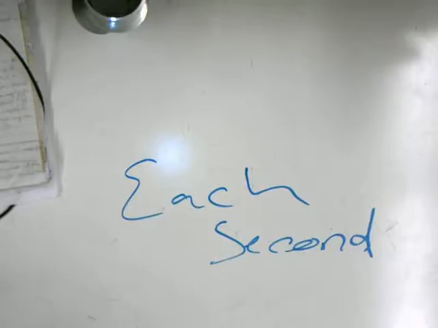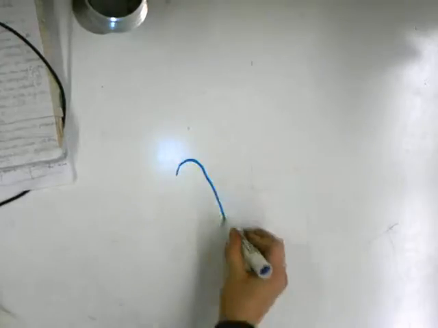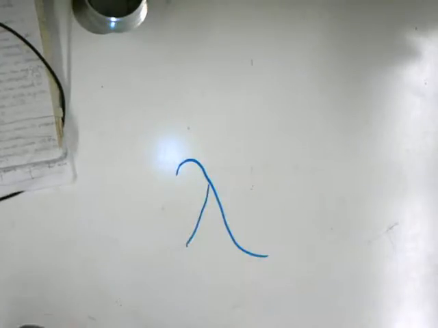The wavelength is the distance from one crest, which is the top of the wave, to the next crest.